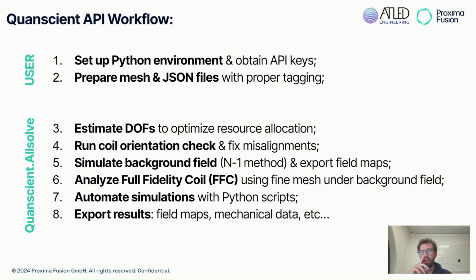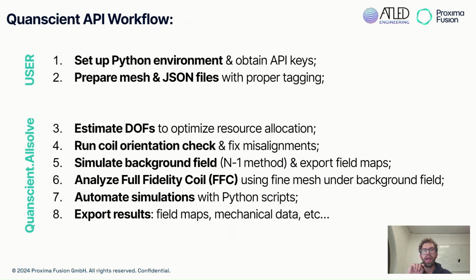And in short, I just want to show the workflow because we don't have much time. On the one side, the user really has to set up the basic things, from the Python script to the mesh and the JSON file with what we call tagging, because we need to tell clearly which domain is what. Like if we do the mesh, if you're familiar with Gmsh or so on, you will have to tag a domain or a surface or a boundary or a line.